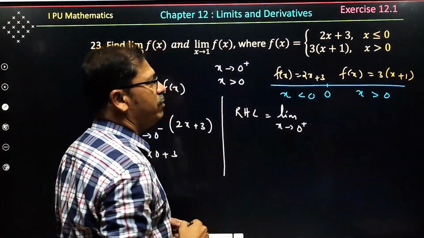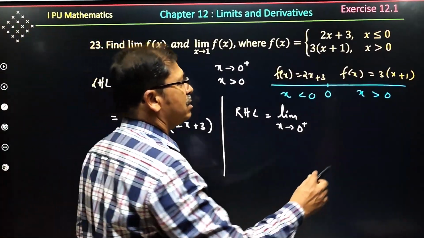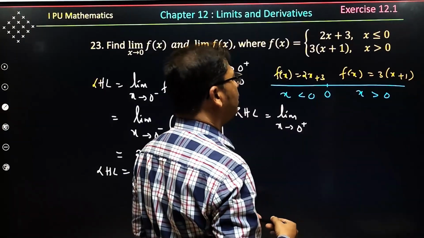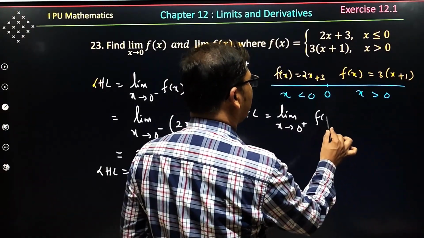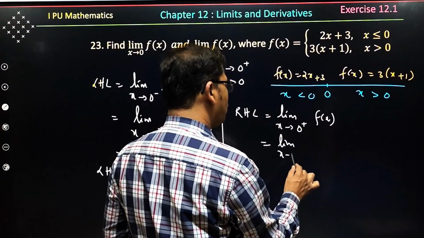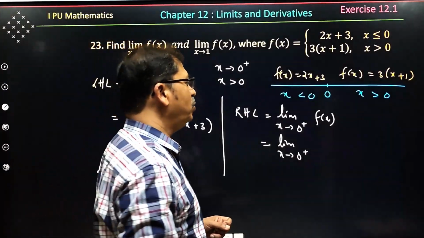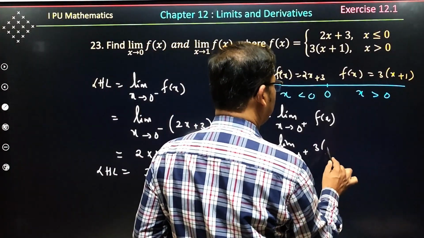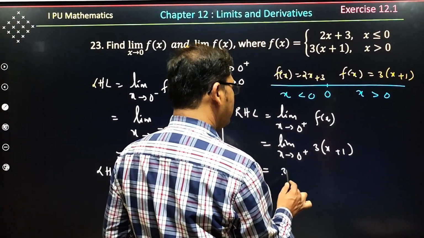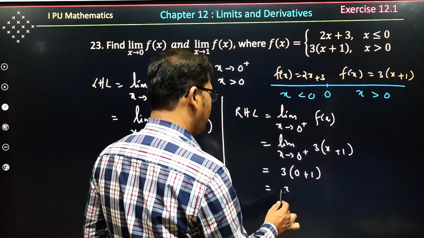When x is greater than 0, how is the function defined? See this number line: when x is greater than 0, the function is defined by 3 into bracket x plus 1. So f(x) is replaced by 3 into bracket x plus 1. Now evaluate: 3 as it is, x value is 0 plus 1. So the answer is 3.